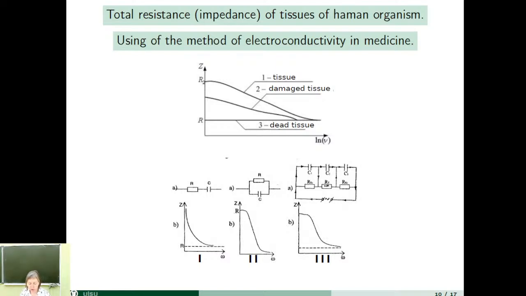Explaining the passage of alternating electric current through biological objects, we recognize that the resistance of living cells consists of ohmic and capacitive resistance. Inductive elements in biological objects are absent.